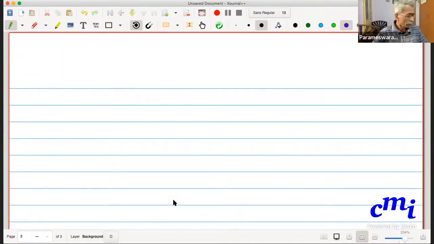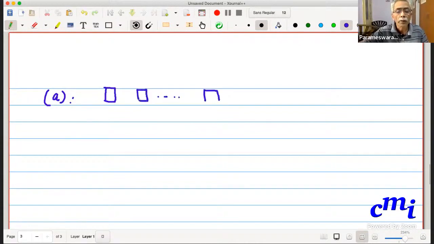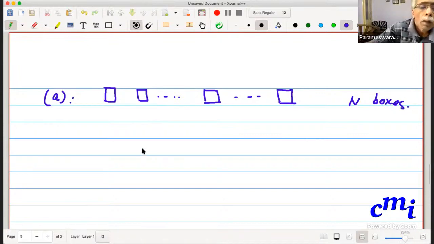So, the answer to A. Let us put pictures of these boxes like these, and there are capital N of them. So any particle can occupy any of these N cells.